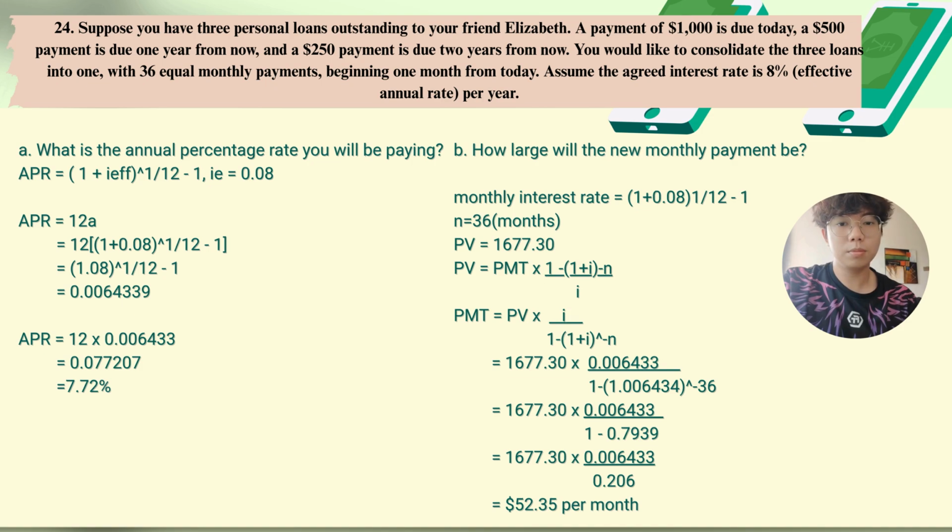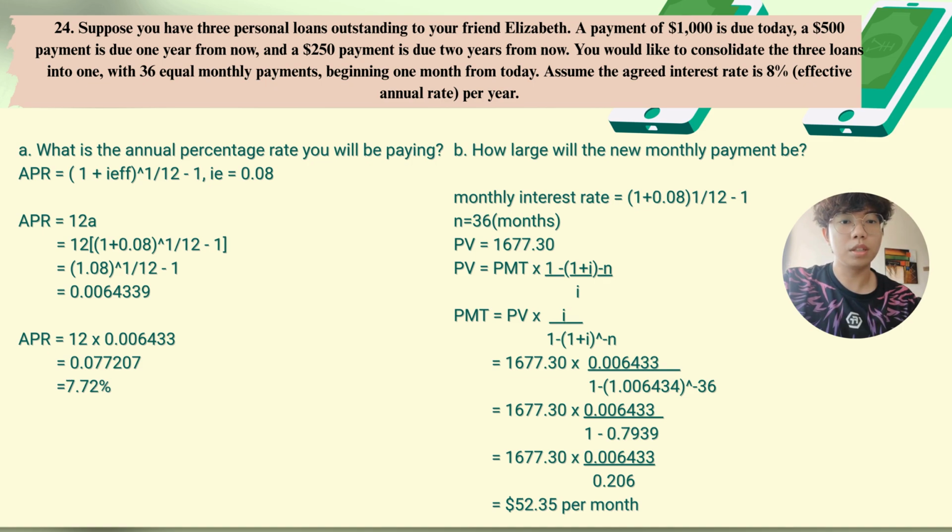Let us move on to B, which is how large will the new monthly payment be? After consolidating the three loans, we need to figure out the new monthly payment for the borrower. The total present value of the consolidated loan is $1,677.30 and the borrower will make 36 equal monthly payments.